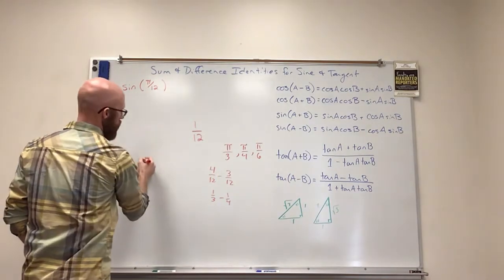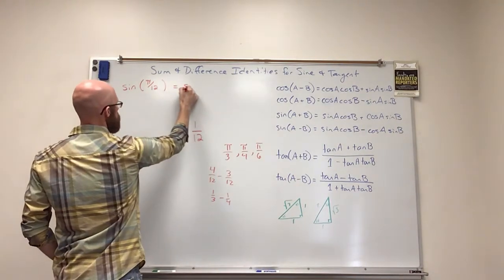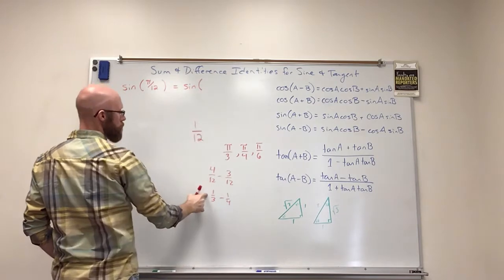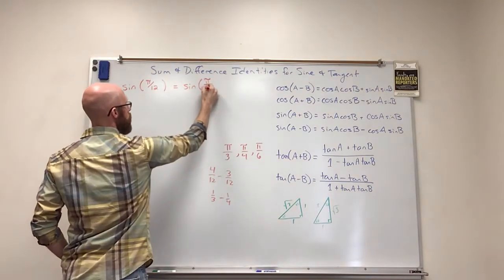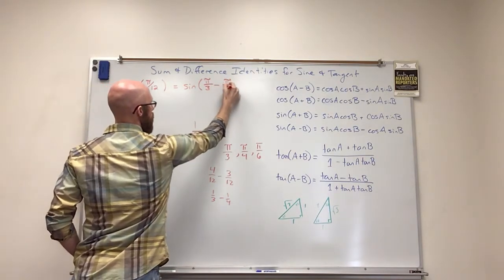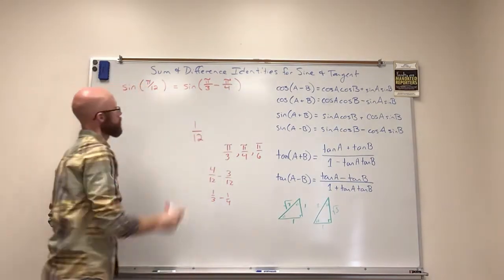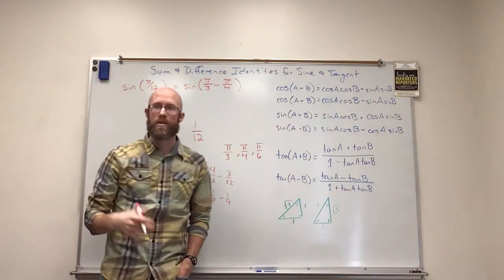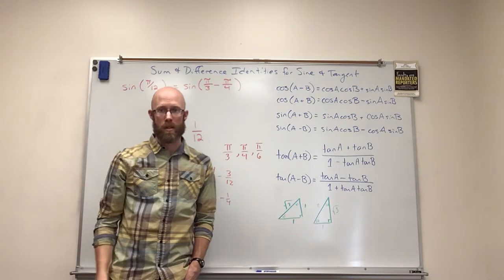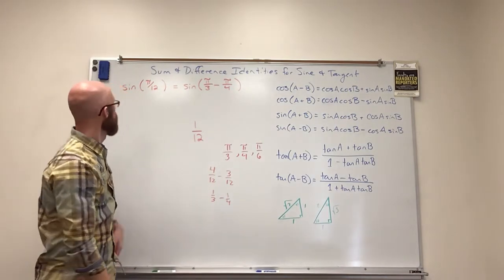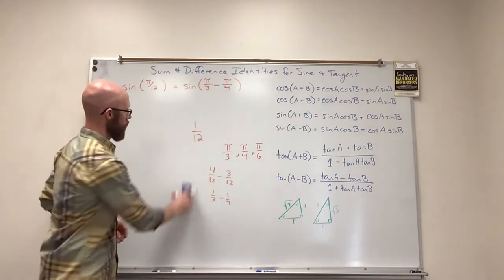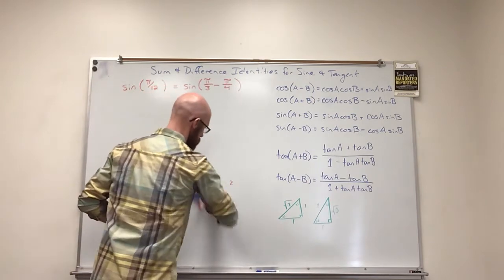So the sine of pi over 12 could be written as the sine of pi over 3 minus pi over 4, because pi over 12 is the same as pi over 3 minus pi over 4. We just determined that. Okay, so that helps us out.